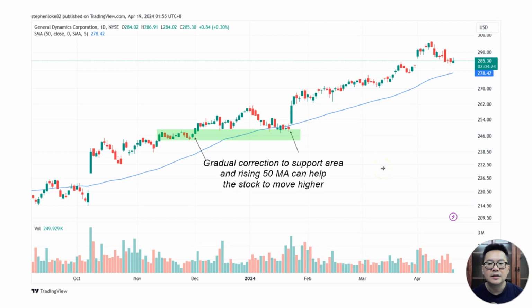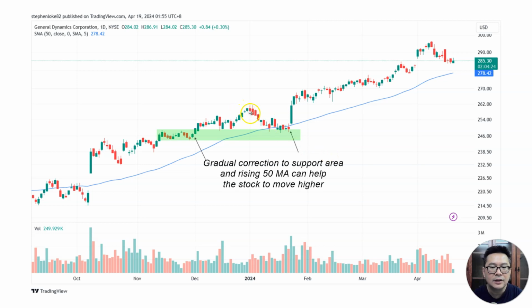Now, there is a difference between sharp correction and gradual correction. If you see a stock rising and it has a gradual correction, where the stock declines slowly to the 50 MA, as compared to it rising up and then a sharp crash, that will be very, very dangerous, and sometimes the 50 MA does not even hold if you have a climb up and a sharp correction, sharp crash.